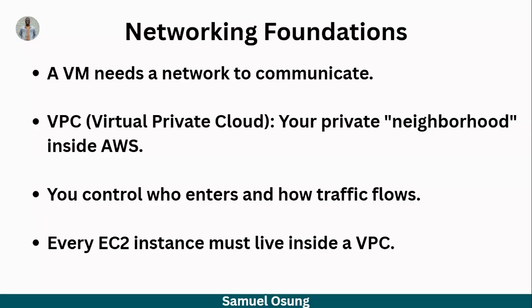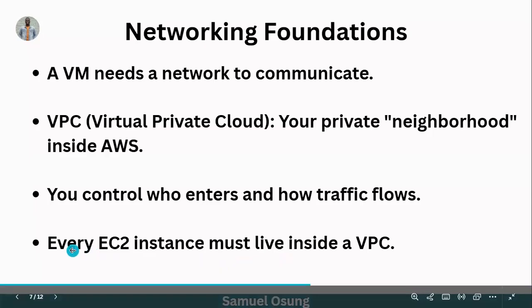Just like your phone needs a network to browse the internet, a virtual machine also needs a network environment to send and receive data. So in AWS, networking is handled using something called a VPC. In essence, every EC2 instance must live inside a VPC.